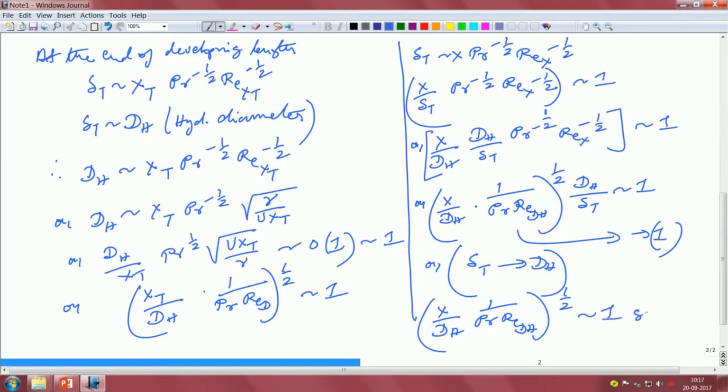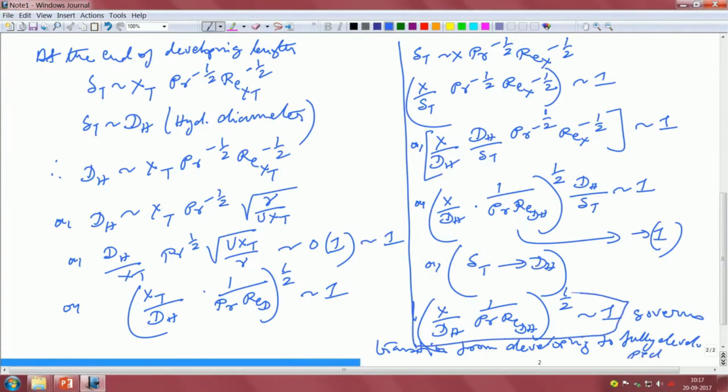This is the one that governs the transition from developing to fully developed. This is the transition number. As it approaches 1, the flow becomes more and more fully developed. So, that is what we have got.